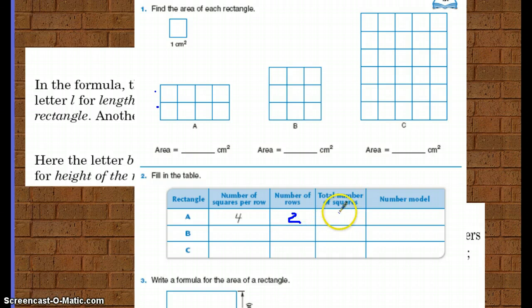So total number of squares is 8. So our number model would be 4 times 2 equals, don't forget to write the ending, it's not just 8, it's 8 centimeters squared. Finish the rest of this page, then check it in your math journal answer key.